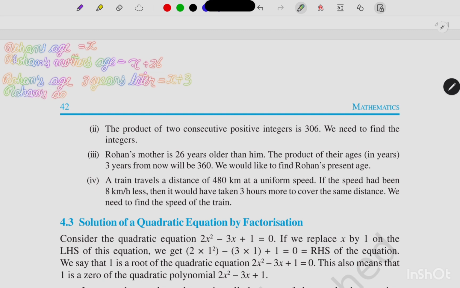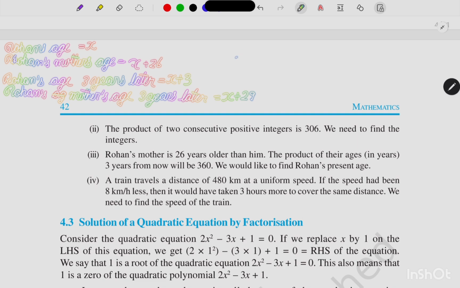Rohan's mother's age 3 years later is x plus 26 plus 3, that is x plus 29.